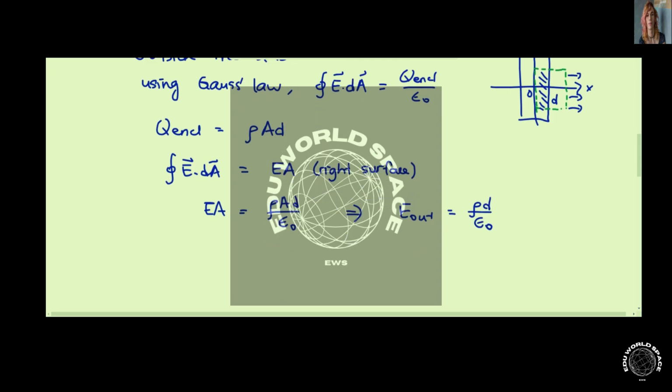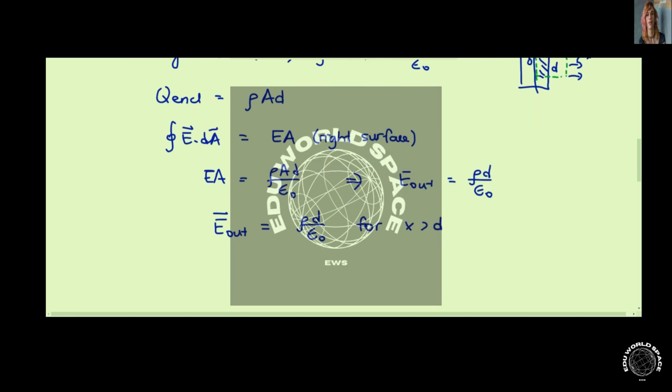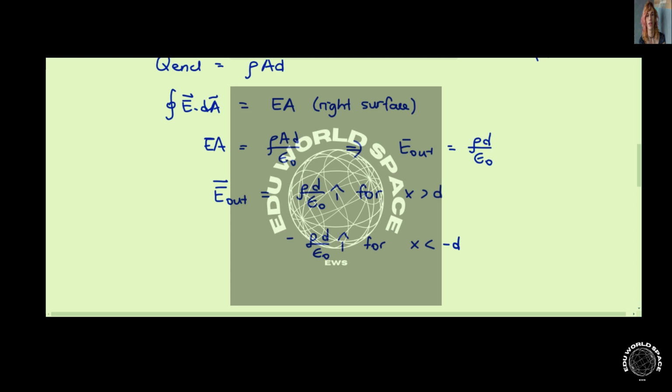In vector form, it's rho d over epsilon naught i hat for x greater than d, and minus rho d over epsilon naught i hat for x less than negative d. This is the expression for E out.